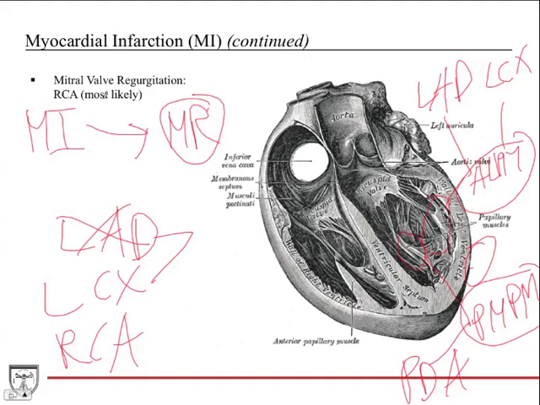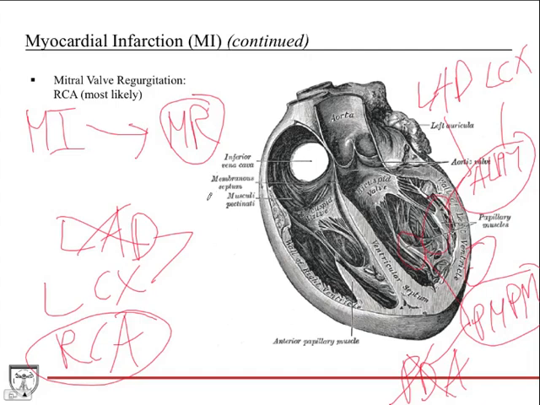And so what is more likely is that the right coronary artery had an infarction, cuts off blood supply to this posterior descending artery, and then it blocks off the only blood supply to this posterior medial papillary muscle for the mitral valve. And so by killing off this muscle, you develop mitral valve dysfunction and mitral valve regurgitation.